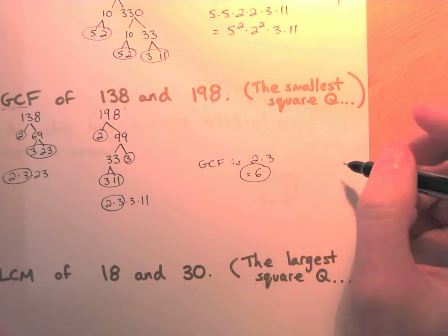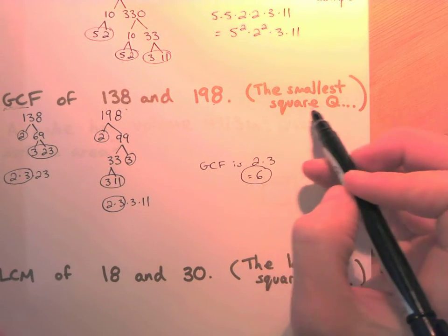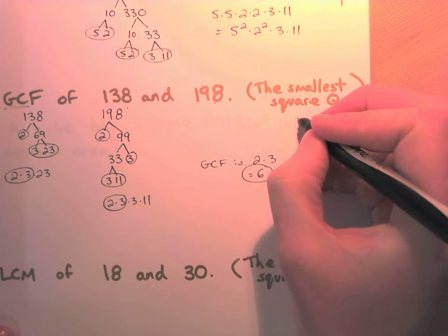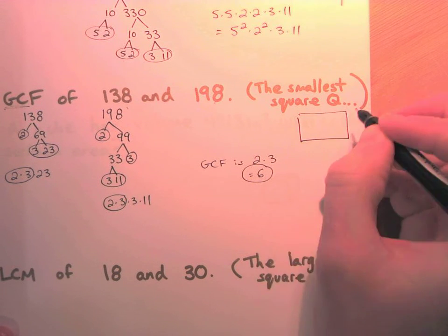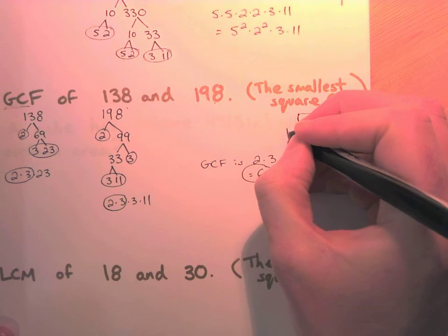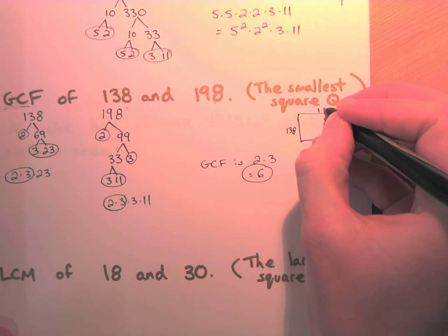Okay, so one more thing to add here is there are other questions that generally say, what's the smallest square if you have a rectangular section that's 138 by 198?